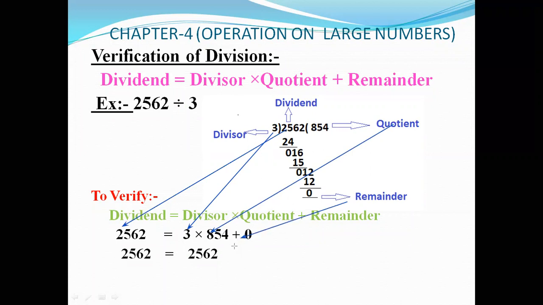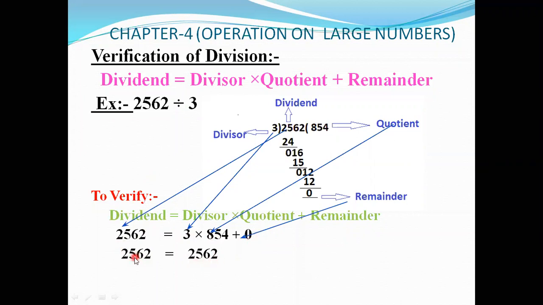Now putting in these values, here is the LHS, left hand side, and here is the RHS. When the left hand side is equal to the right hand side, it means the verification of division is complete. Now the dividend is 2562. When we multiply 3 by 854, we get 2562, and now when we add 0, we get 2562.